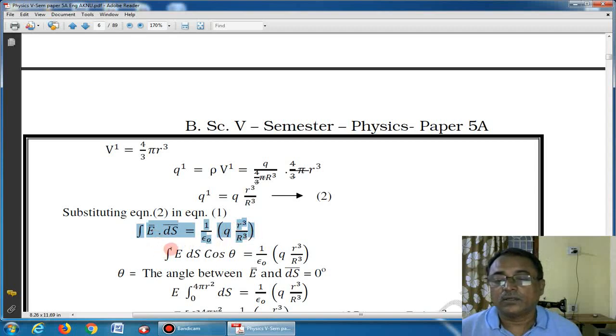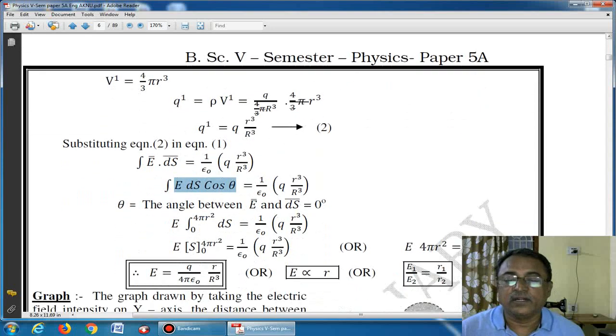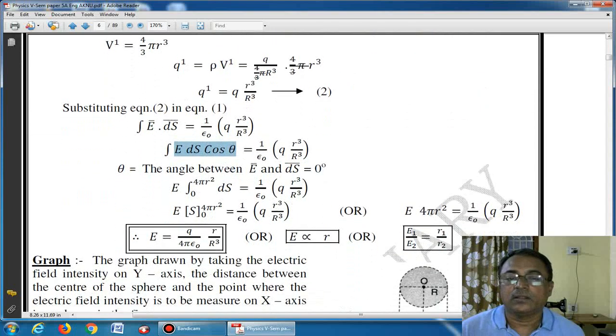Integral E bar dot ds bar is equal to E ds cos theta, and here theta is equal to 0, and cos 0 is equal to 1. So integral E ds. E is a constant quantity for a particular sphere having a particular charge and at a particular point where the electric field intensity is to be measured.